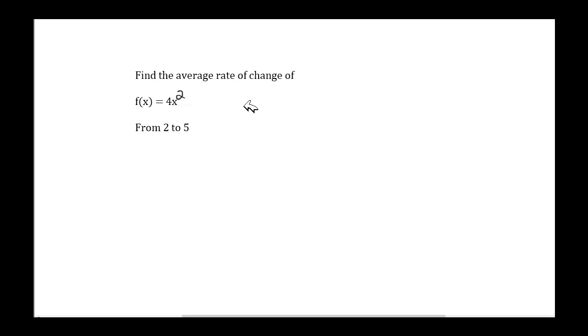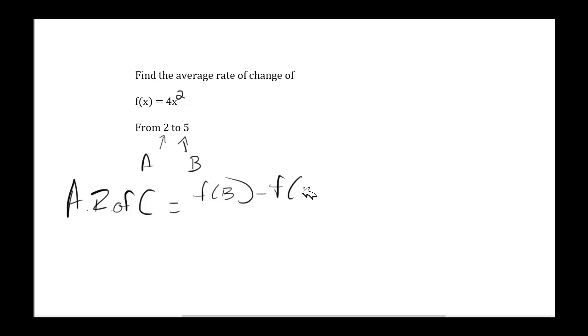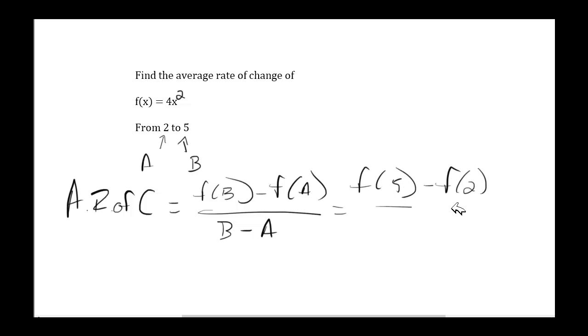Okay, so find the average rate of change of f of x equals 4x squared from 2 to 5. So this is like my a value, and this is like my b value. So here, my average rate of change is equal to, I need f of b minus f of a over b minus a. So what I like to do is off to the side here, I need, okay, well this is f of 5 minus f of 2 over 5 minus 2. So I might do this off to the side.